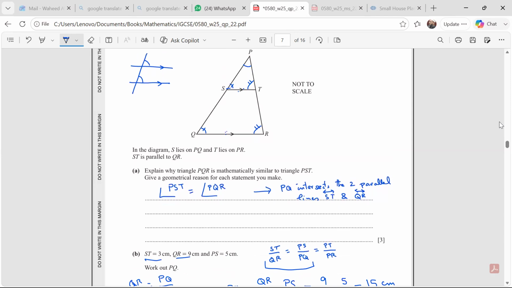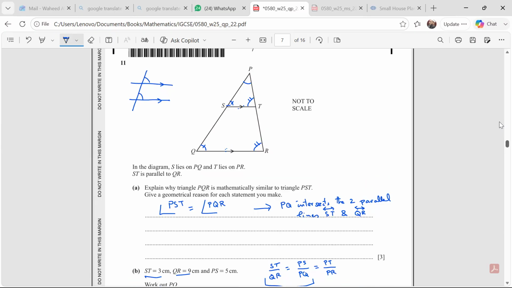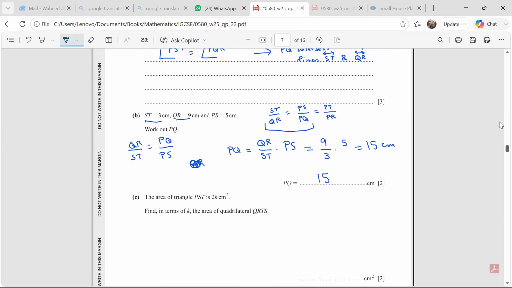So QR is 3 times more than ST. If this is the case, then PQ would be 3 times PS. PS is 5, so this must be 15. Okay, makes sense. That's why we got 15. I hope I'm not confusing you and it makes sense.